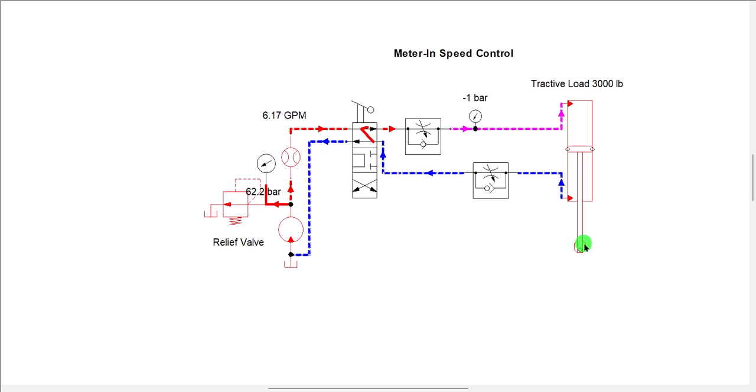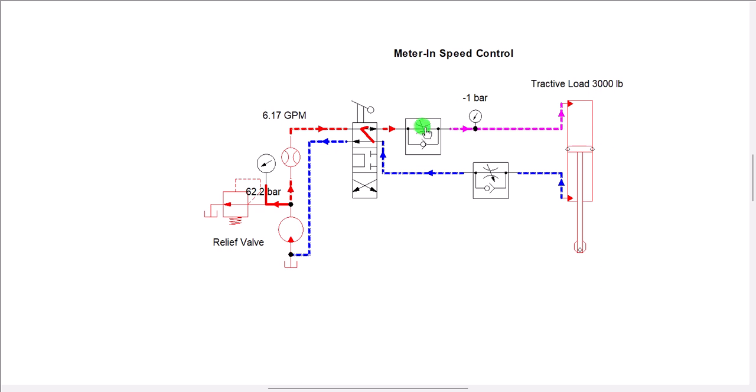However, during extension, the piston is not only pushed down by the pump here, but also is pulled down by the gravity. And because the gravity is in play, if the load is large enough, then the gravity will become so large that the piston may actually disregard the restriction set by this FCV.